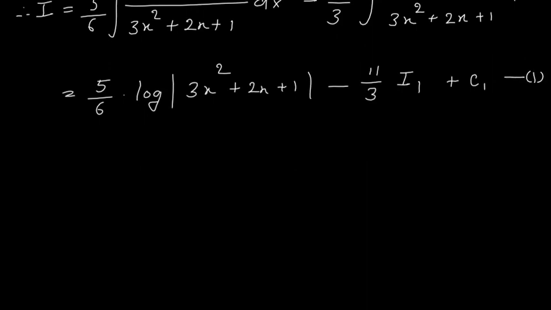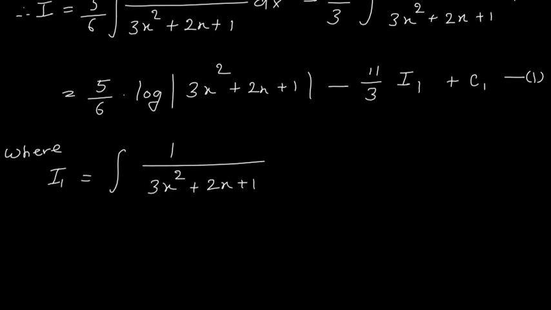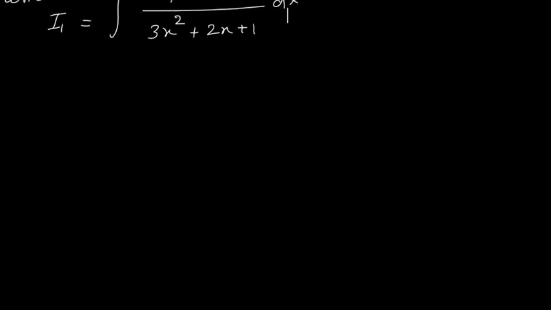Now the value of I1 which I have to find is the integration of 1 upon 3x square plus 2x plus 1 dx. Here you know all the steps. What we have to do? Here we are going to first take 3 out.